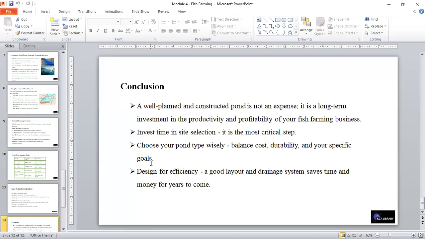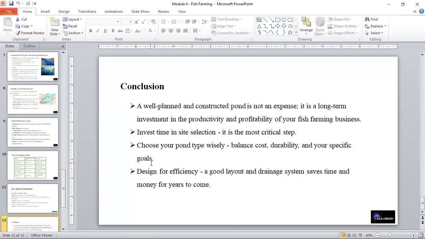In conclusion, a well-planned and constructed pond is not an expense. It is a long-term investment in the productivity and profitability of your fish farm business. So invest time in site selection because it is the most critical step.